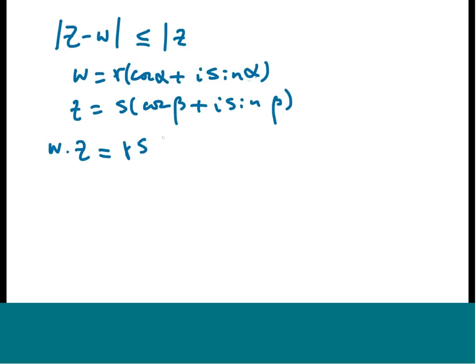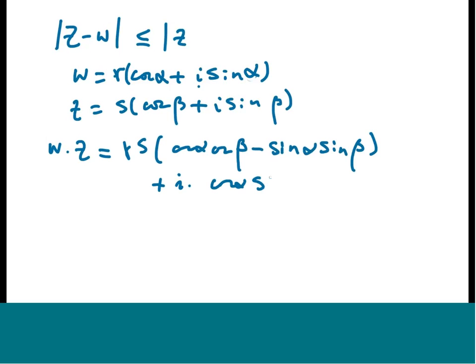So RS cosine alpha cosine beta, and the real part gets minus sine alpha sine beta. Then the I part is plus I times cosine alpha sine beta plus sine alpha cosine beta.